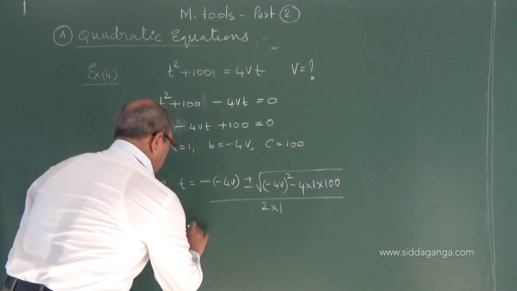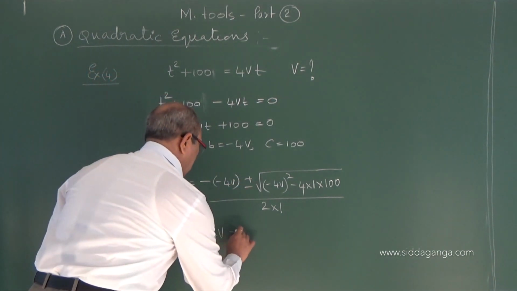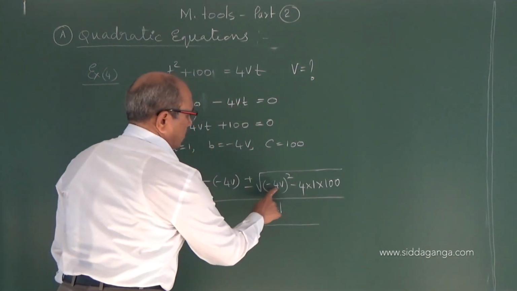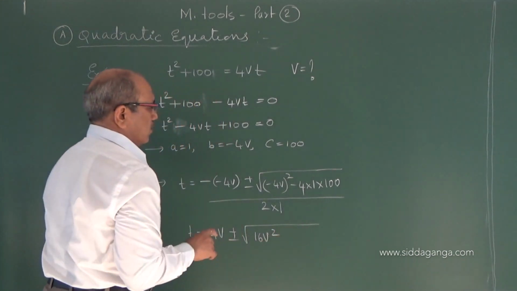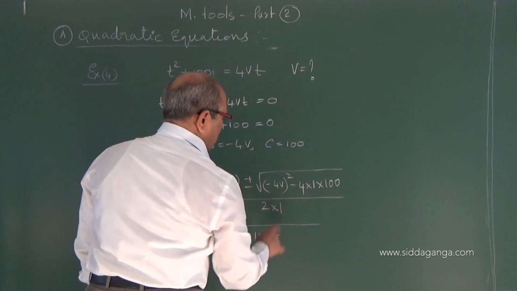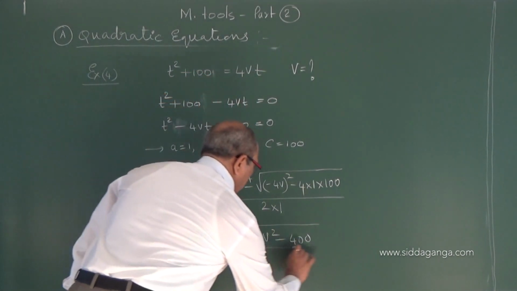So t equals 4v plus or minus root of 16v square, because 4 square and v square, minus 4 into 100 is 400, divided by 2.